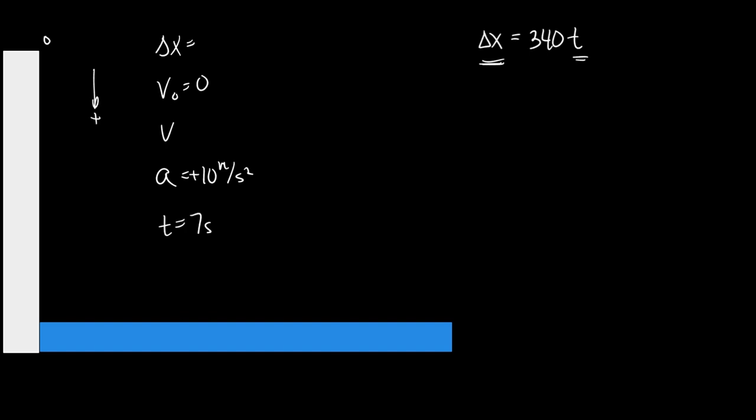Everybody follow that so far? So the truth of the matter is, it takes less than 7 seconds for the pebble to reach the water, because some time is required for that sound to get back to you, for you to hear it. So I would subtract that amount of time from the 7 seconds. If you do this, you'll be able to create a relationship.